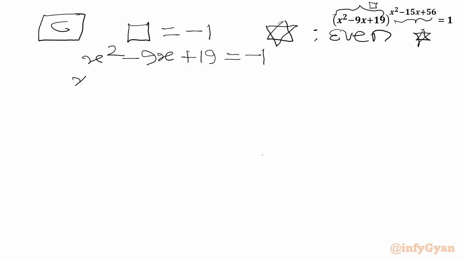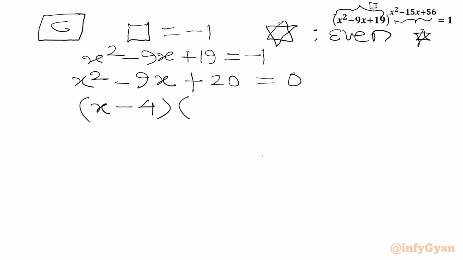We'll write all the terms to one side. So x square minus 9x plus 20 equal to 0. Equation is quadratic, which we can factor easily and get (x minus 4) times (x minus 5) equal to 0.